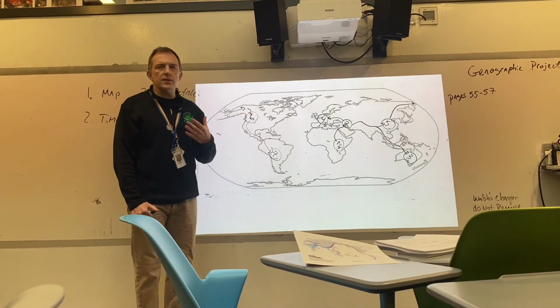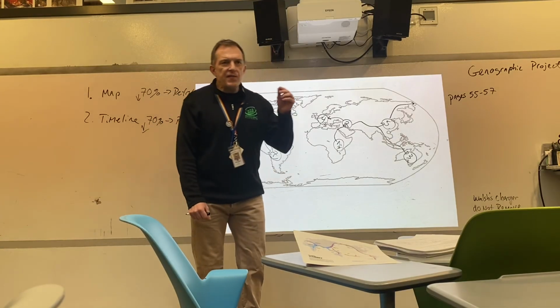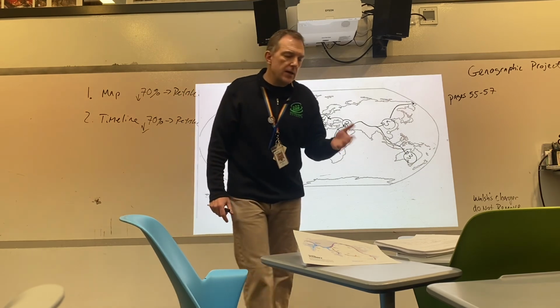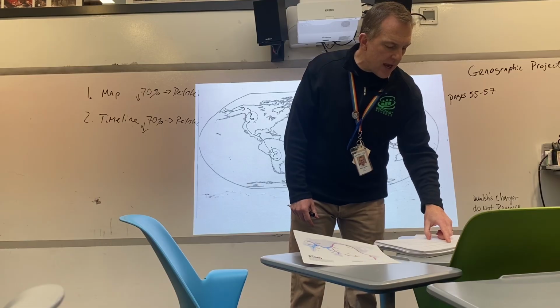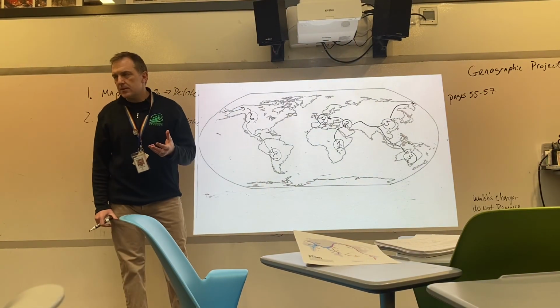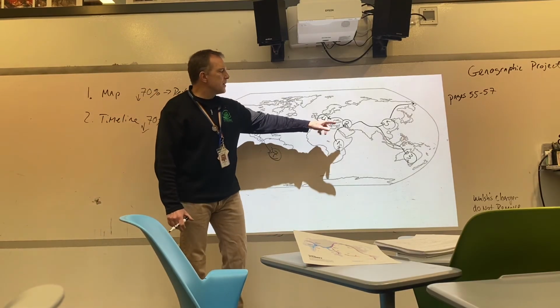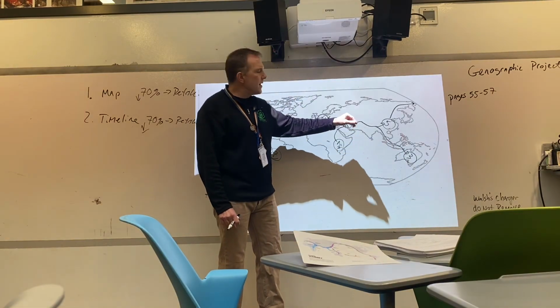Now, this is where a lot of people got confused as well. 5 goes to 8. And it says it right in the directions. It says, draw an arrow from the 5th to the 8th place of human migration. And this is because it's timed. Human migration is timed. So these people were there first, these people second, these people went this way third, fourth, whatever, right?